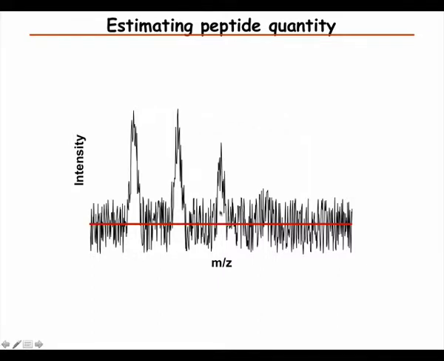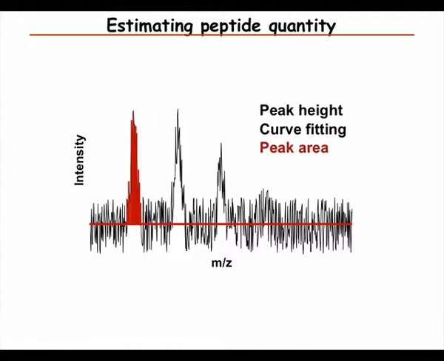Now, we've talked about this a little before, how to estimate peptide quantity from these peaks. The first thing is to find some kind of baseline, and then we have the options of looking at the peak height, fitting a curve, or using the peak area. Most commonly it's either the peak height or the peak area.